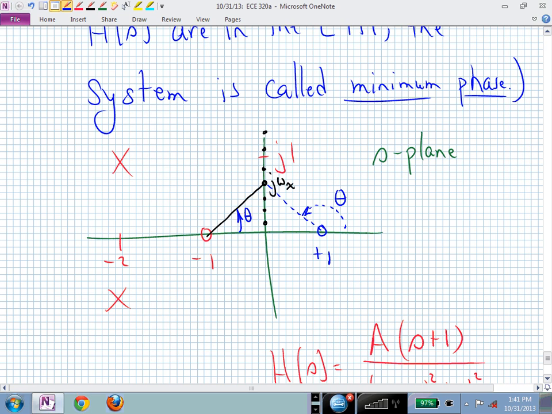Is it clear what we mean by minimum phase systems now, or where that concept comes from? Maybe it's not real clear, but I want you to start thinking about these ideas because you now know how to draw Bode plots based on what we've talked about just now. I've told you how to compute magnitudes for each of these different pole and zero factors.